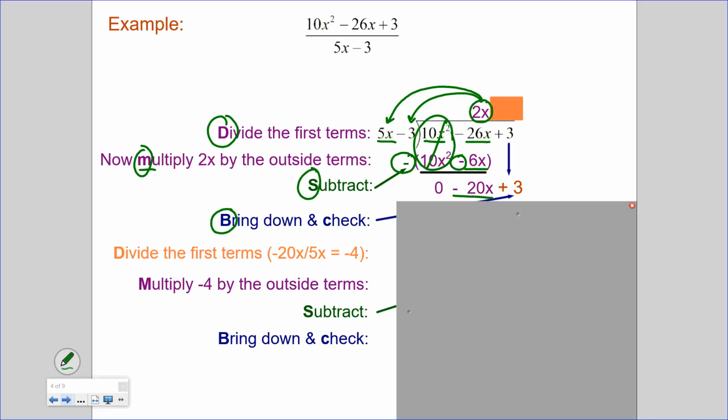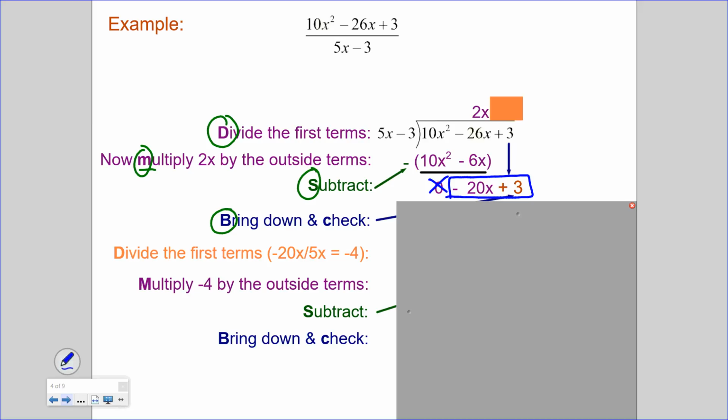Check and bring down is the final step. We bring down that plus 3. We have now gone through one full cycle of long division. However, we're not done, because we are left with negative 20x plus 3.